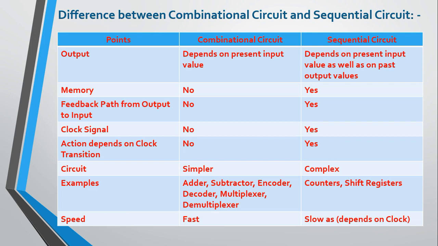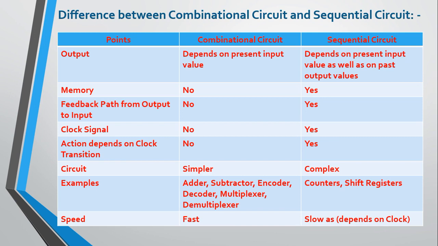So when you design a circuit, sequential circuit becomes a complex circuit. Now the examples of combinational circuits are adder, subtractor, encoder, decoder, multiplexer and demultiplexer. These all are the examples of combinational circuit, whereas counters and shift registers are the examples of sequential circuit.